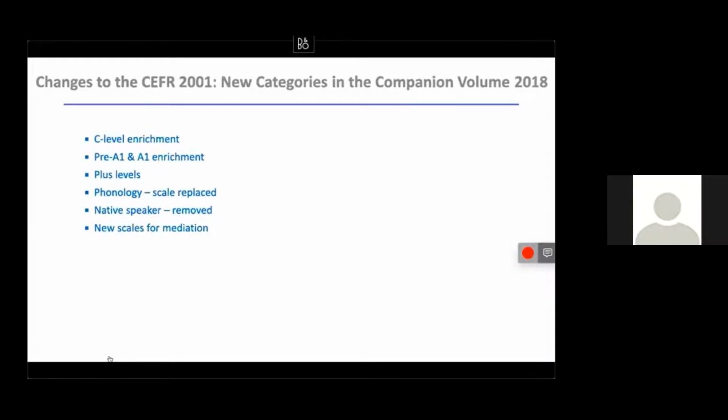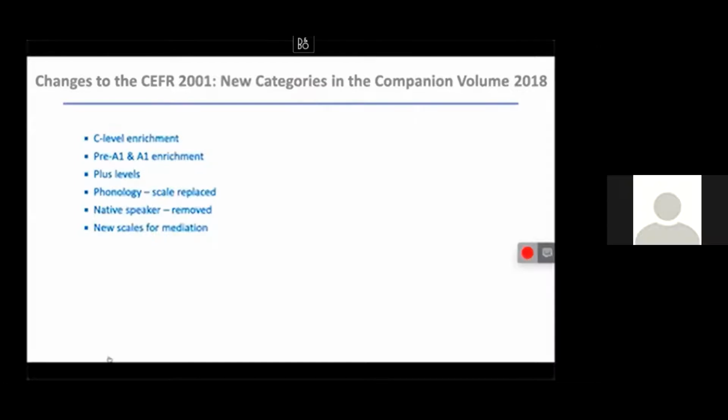There's in-between levels, because it was perceived it would be necessary. The phonology scale was improved. The term native speaker, considered as a model, was removed. So we do not talk about a native speaker, but a proficient speaker of the language. And the most important bit is that there were new scales added for a number of skills, but mostly for mediation, as it was decided that the schools had a role of mediating cultures, mediating knowledge, and improving learners' knowledge.